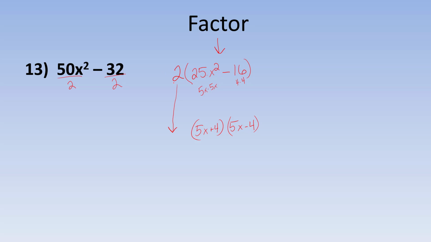And now I told you we were going to bring the 2 down when we are all done factoring out our difference of squares binomial, and that's what we're going to do. We're going to bring it down and put it in front of our problem. That is your final solution.